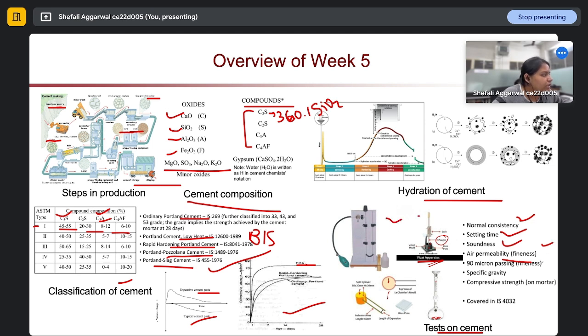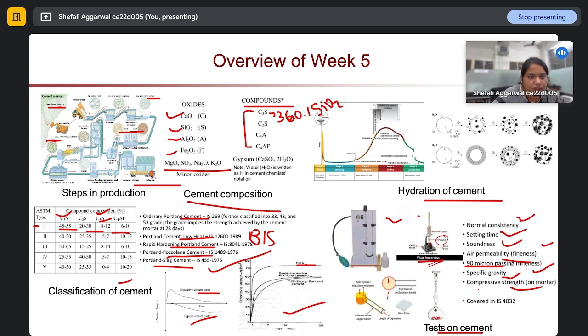Other than this test, we have another test for fineness, which is the sieve analysis. The main sieve used for raw cement is the 90 micron sieve. Other than this, we can get the specific gravity of cement, and last but not least is the compressive strength on the mortar.